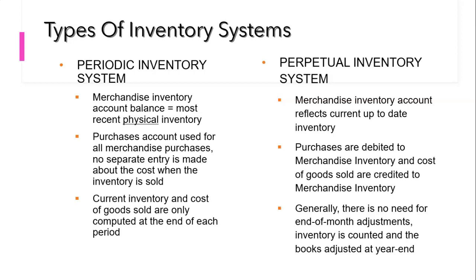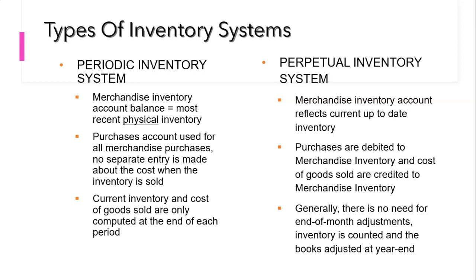So if I counted it on July 31st, that becomes the beginning inventory for August 1st, and then that same number just sits there in the inventory account the whole month until the end of August, and then I will count the inventory and readjust the inventory balance to fit the end of August, which becomes the 1st of September. In the meantime, we don't do anything with the inventory account.